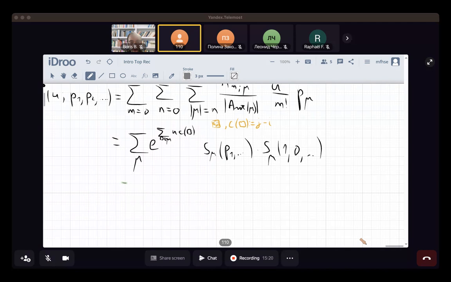So we want to see what happens with this statement once you plug in this factor, right? And the claim is that it's somewhat simple.